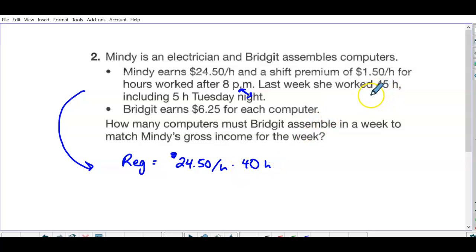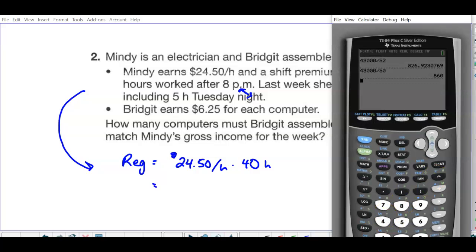We're going to subtract the 5 hours that were after 8 p.m., so she must have worked 40 regular hours. So 24.5 times 40 is $980.